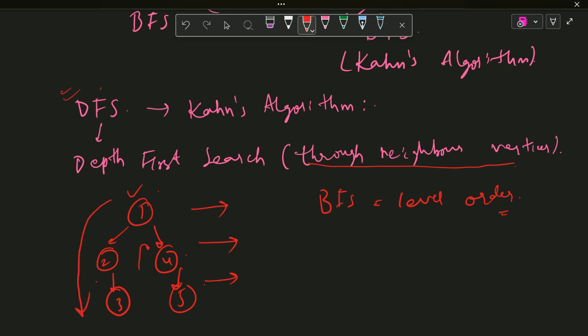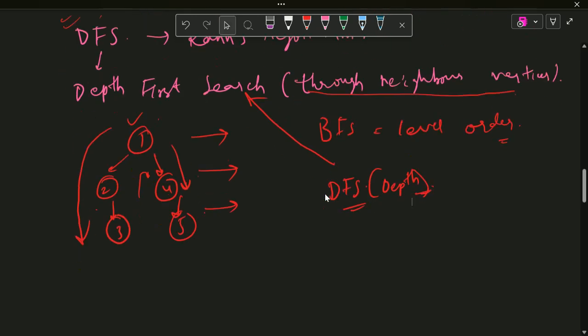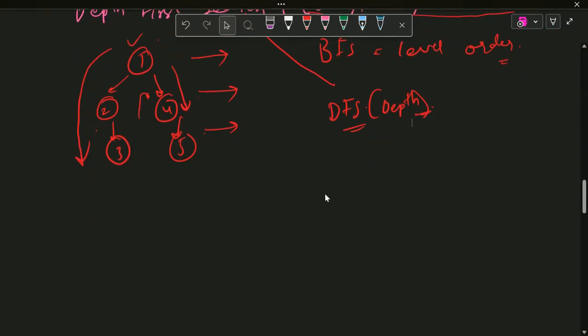After iterating, we come back and we iterate through the next. This is called depth first search traversal. I think all of you have got what DFS and BFS are.